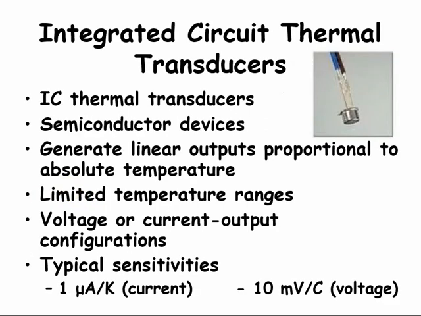The last two temperature sensing transducers that we talk about are both integrated circuit thermal transducers. One is a current-based integrated circuit and one is voltage-based. At the current time, integrated circuit thermal transducers have more limited temperature ranges than thermocouples, RTDs, and thermistors, from minus 55 Celsius to 150 Celsius.